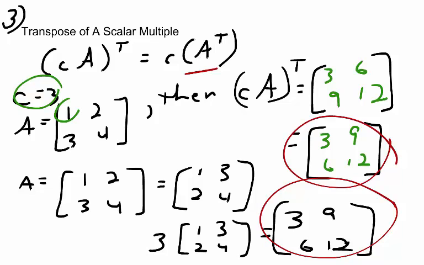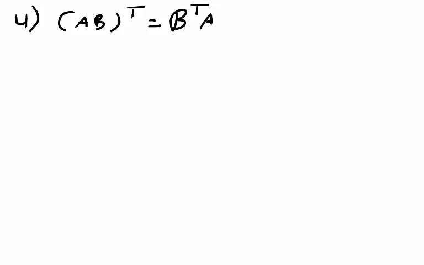Let's take a look at our last property, the fourth property, and this is the property that states we have the product of A times B and take its transpose. This is equal to taking the transpose of B times the transpose of A. So again, let's let matrix A equal 1, 2, 3, 4.